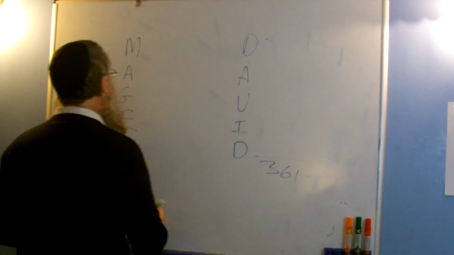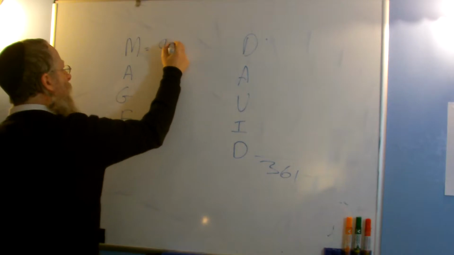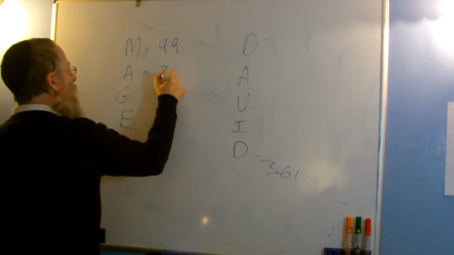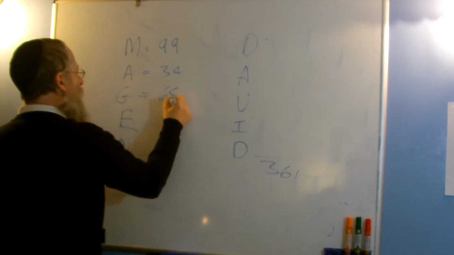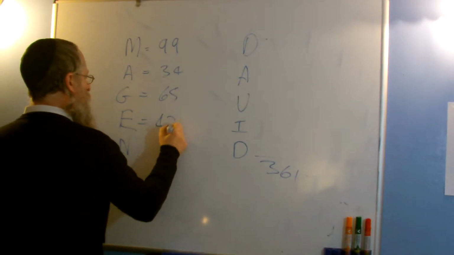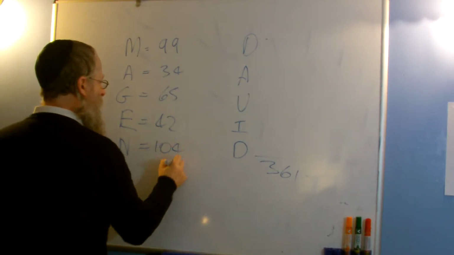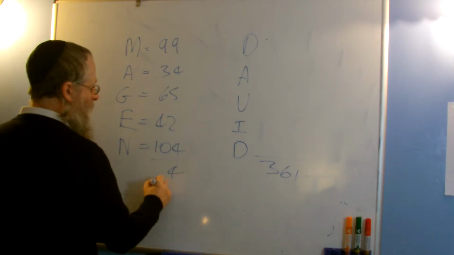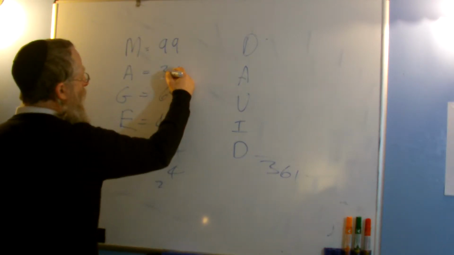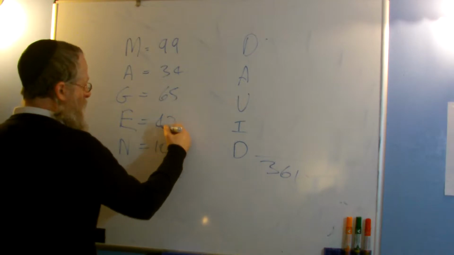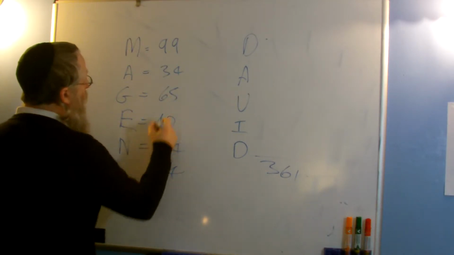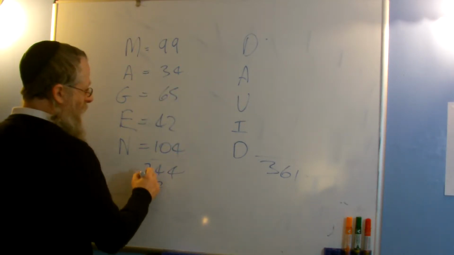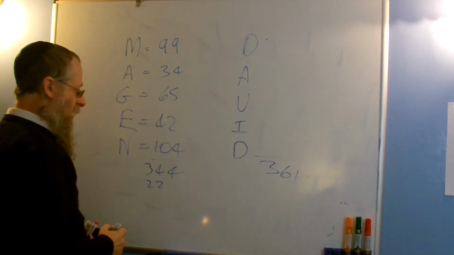Okay. Magen, the large values are M is 99, A is 34, G is 65, E is 42, and N is 104. If I add that together, I get 344.